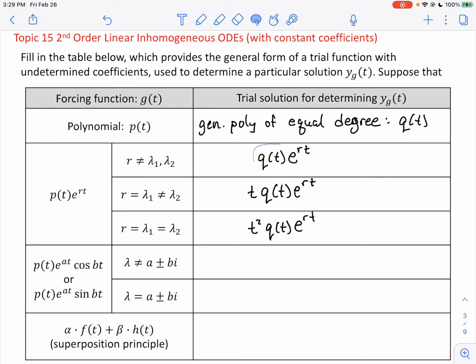And your undetermined coefficients will be in these polynomials right here. Like if this polynomial is first degree, then this q will be at plus b. It'll be an arbitrary first degree. If this polynomial is second degree, then your q of t's will be at squared plus bt plus c. All three q of t's will be that. And you have to figure out what those coefficients are.